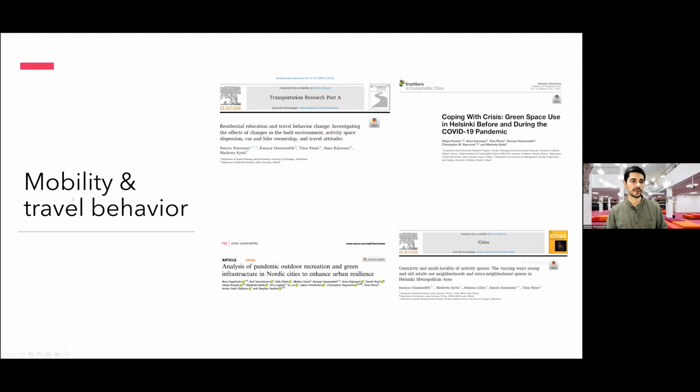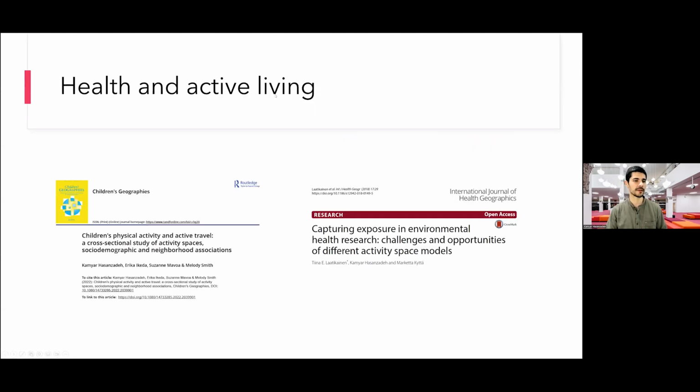I'm not going through all the studies we have done, just showing you some screenshots from the papers we have recently published about different themes. If you're interested, we can discuss it more, or you can read the papers. We have done different work about mobility and travel behavior, and a couple of articles from after the pandemic, looking at how people use spaces differently after the pandemic.